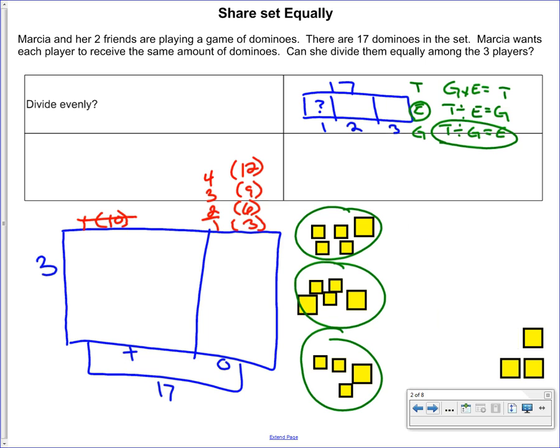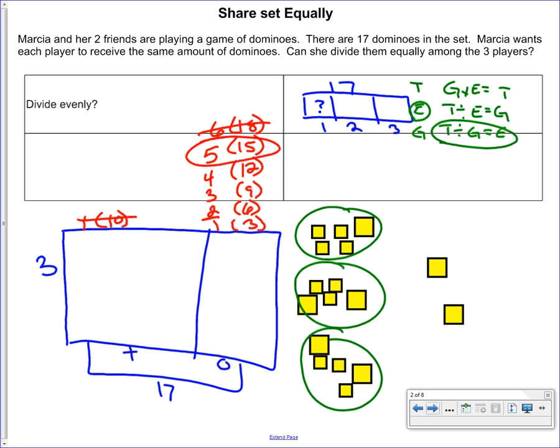What if we put 5 in every group? 5 in every group would give me 15. Alright. What about 6? Oh, I don't have enough. If I had 6 in every group, that'd be 18. And gosh, I don't have 18. So that's not going to work. It has to be 5.